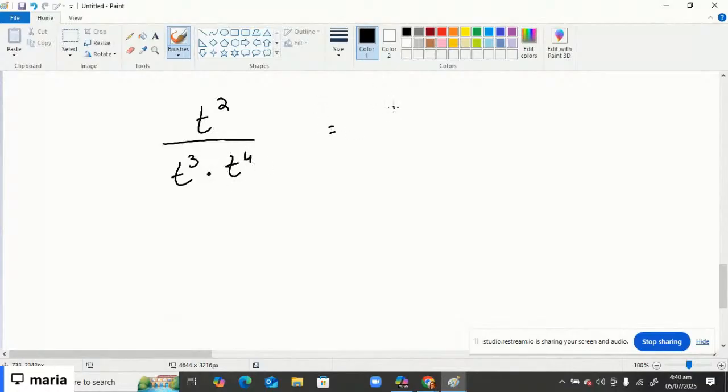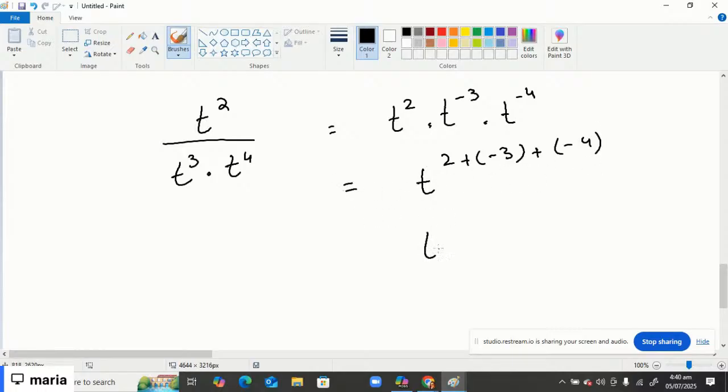Let's put it all up: t power 2 dot t power minus 3 dot t power minus 4. Now 2 plus minus 3 plus minus 4. We are just going to add. So t power 2 minus 3 minus 4.